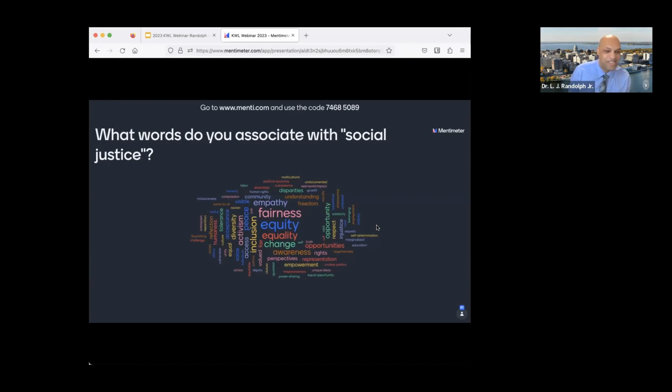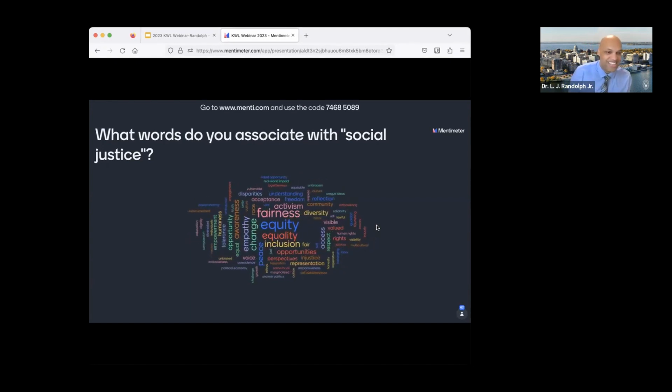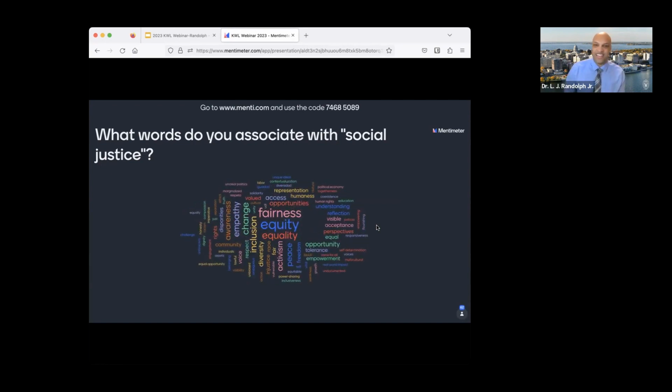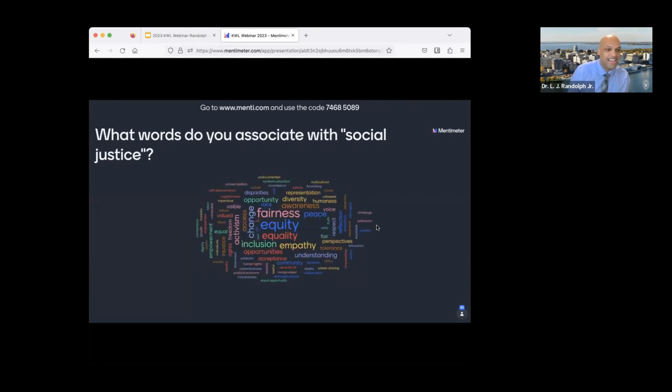Self-determination also. Those are good. I like those. Understanding. That's important. And that's kind of the core of a language education. So that speaks to the relevance of this to the language classroom, right? I see tolerance, I see Black, I see vulnerable, I like that. Flourishing, I like that.